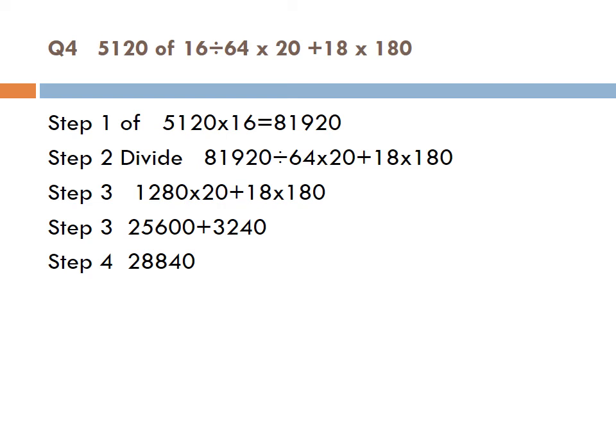Divide. Answer is 1280 multiply by 20 plus 18 multiply by 180. 1280 multiply by 20. Answer is 25600, and when you multiply 18 with 180, answer is 3240. Do the addition. Answer is 28840.